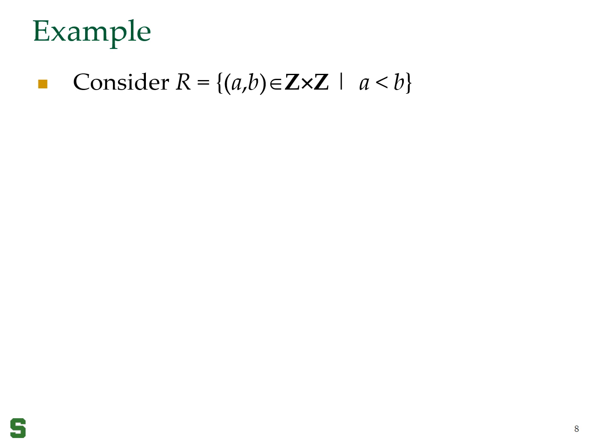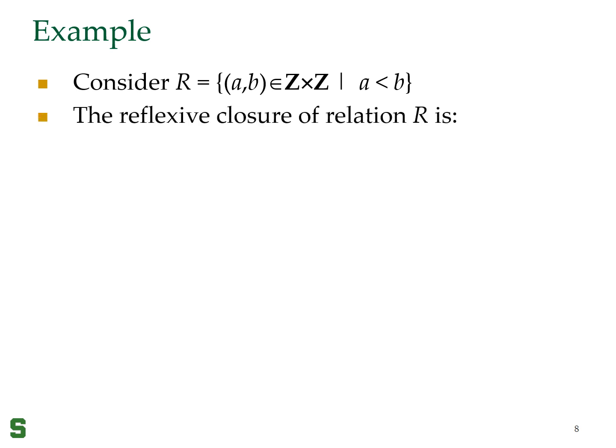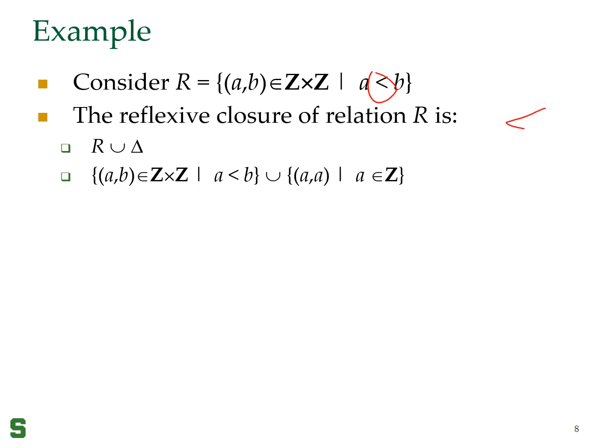Here we have the relation (a,b) where a is less than b. If I wanted to get the reflexive closure, then basically I have to add the diagonal relation, and I will let you check that essentially if I want to make this reflexive, then this less than would be changed to less than or equal to.